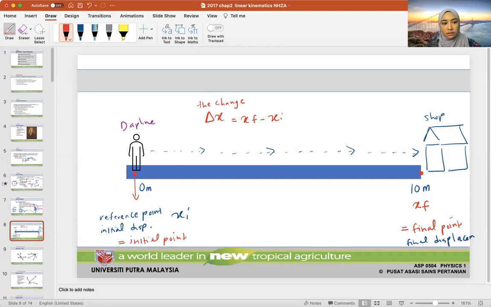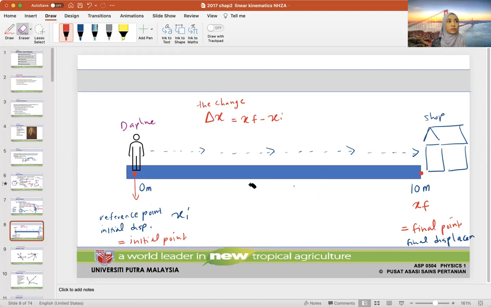So this is your first thing to remember: X is displacement, and the change in displacement is final minus initial. Actually, anything that is delta is final minus initial, so you will see this for other equations too.